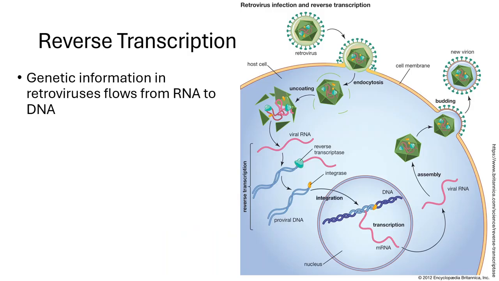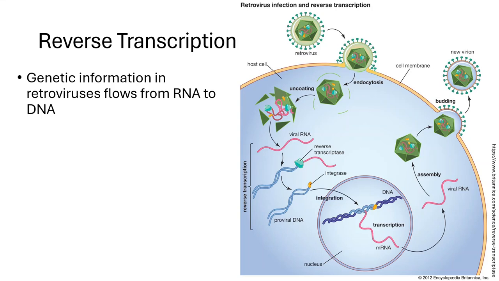Now, there is an exception to the central dogma of genetics. If you remember, we learned that information flows from DNA to RNA to protein. And in living things, this is always the case. The exception to this is viruses. There are some viruses called retroviruses, retro meaning backwards, where you actually have information flow from RNA to DNA.